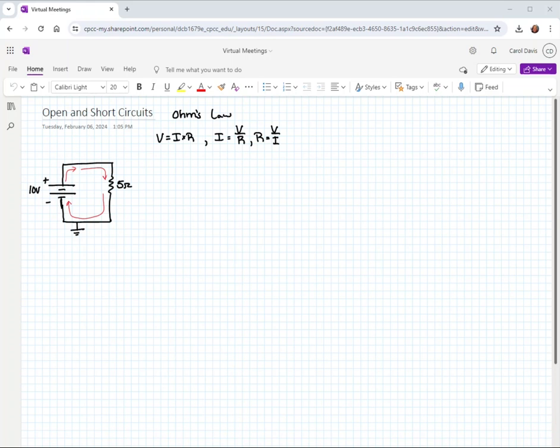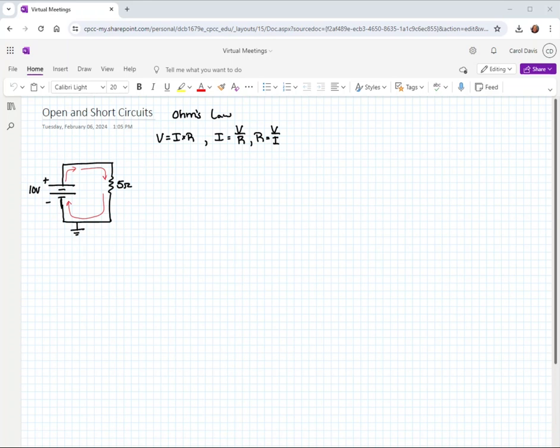So what our circuit needs in order to create current is a voltage source where we supply this energy, some resistance or some load in the circuit, and a connected pathway to get from the positive terminal back to the negative terminal.